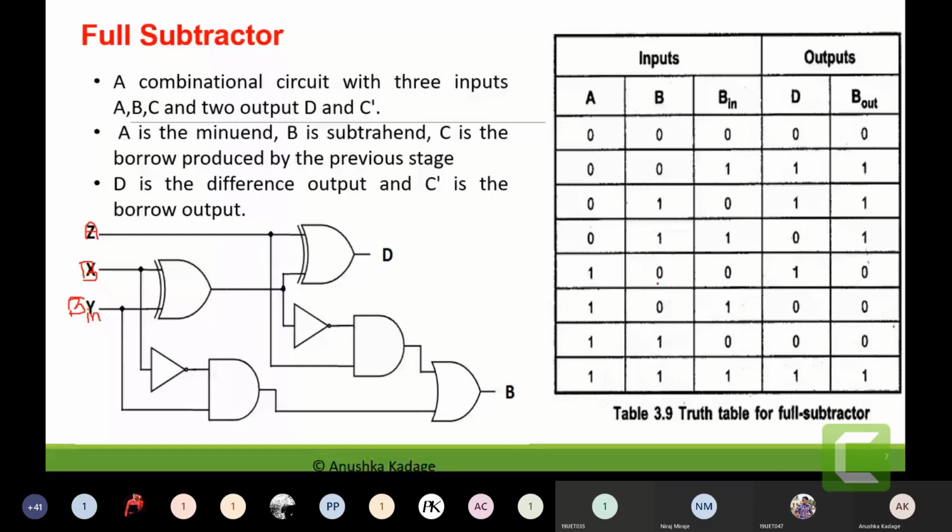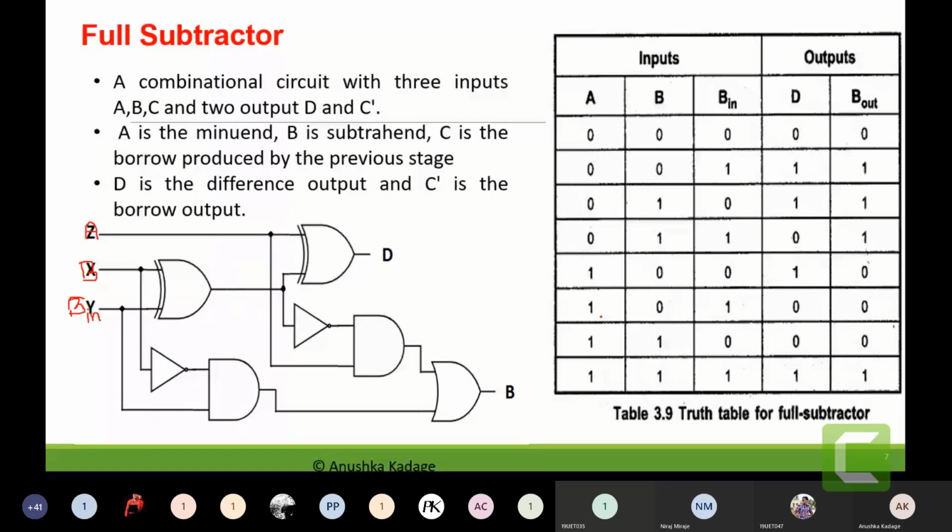Next, 0 value is subtracted from 1. Result is difference as 1, borrow as 0. So borrow out we will write as 0. But from that difference of 1, again the next 0 value of borrow in we have to subtract. So result is 1. Here in this combination, 0 is subtracted from 1.